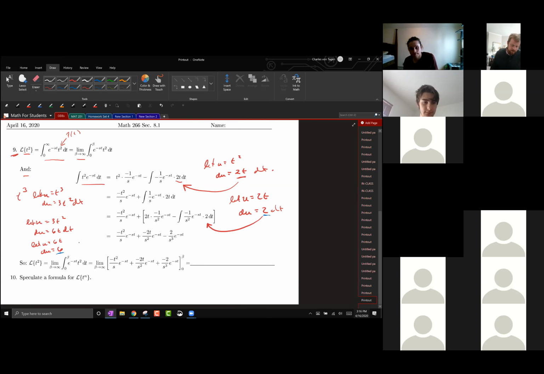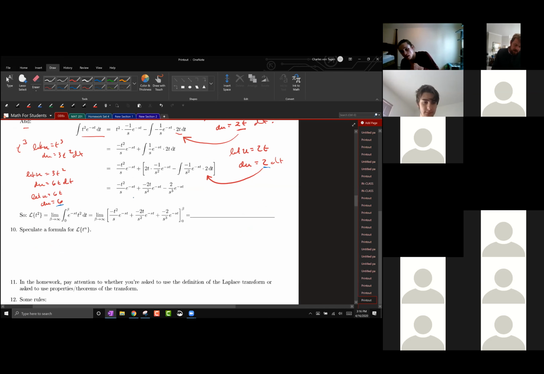Okay. All right. So the last step is, there's that integral, and we need to evaluate it at the upper and lower limits of integration.